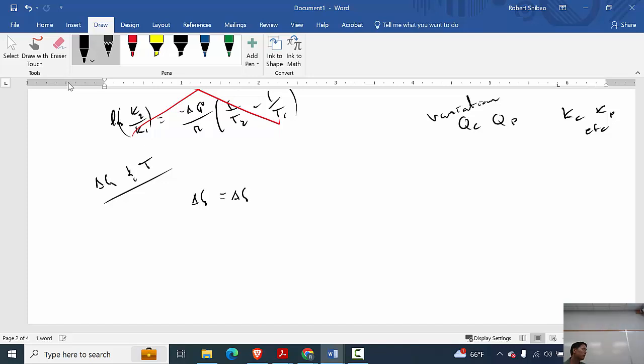Delta G under standard conditions plus RT ln a cube. Now I want to calculate delta G under standard conditions using the easiest method. What is the easiest method to calculate delta G under standard conditions? Yeah, the sum of the delta G's of formation of the products minus the sum of the delta G's of formation of the reactants. Can I do that here?